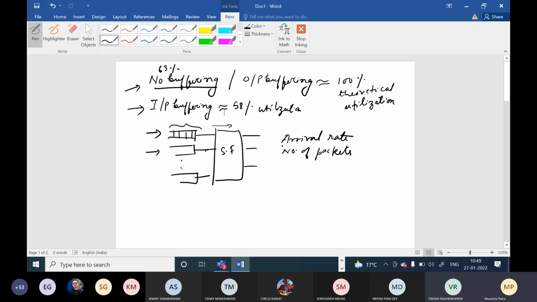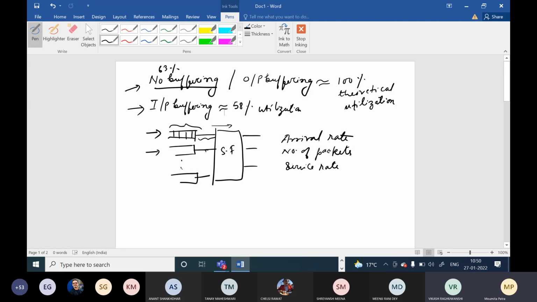So that is one thing: what is the total number of packets in this? And what else will affect it? How fast is this line card, what is its capacity? That means how fast your packets can be served when they move out of this buffer to the switch fabric, that is, what is the service rate per packet?